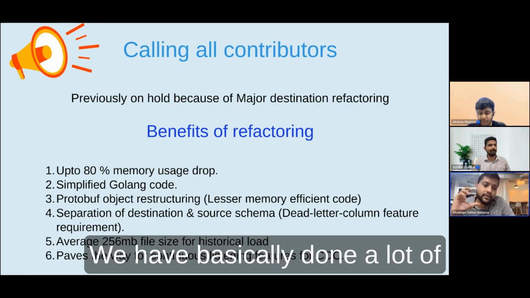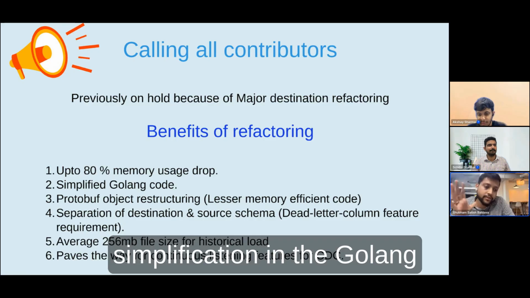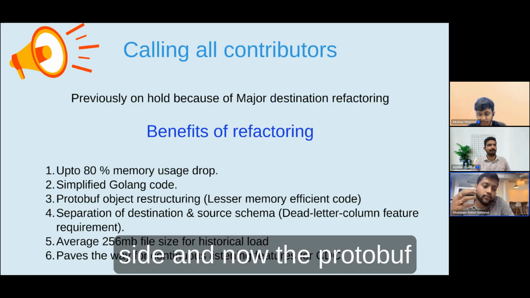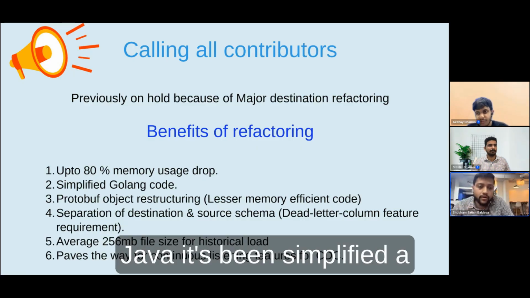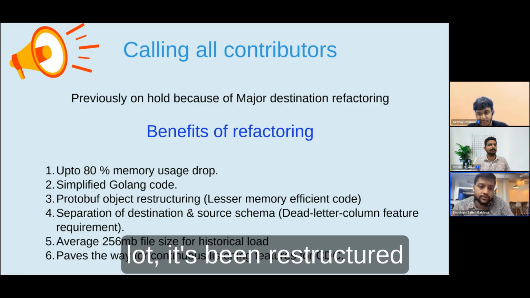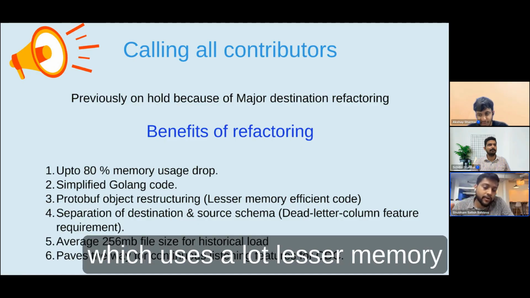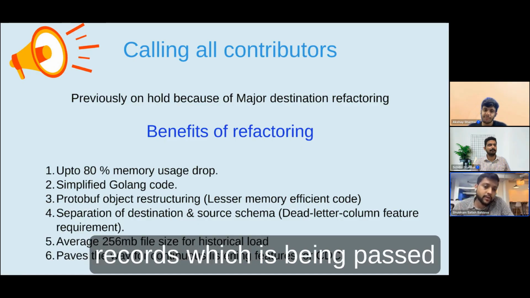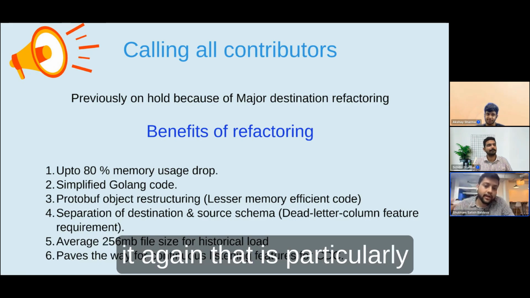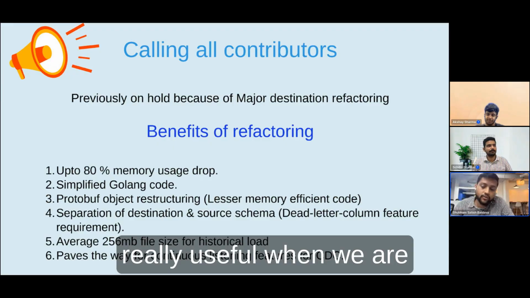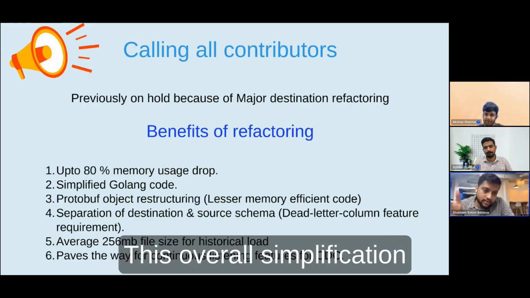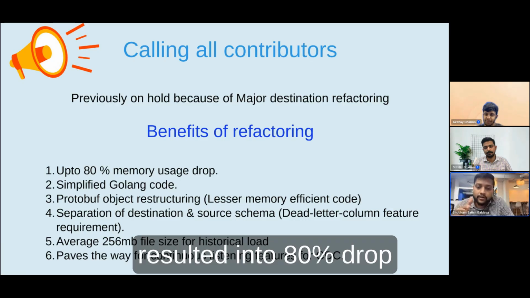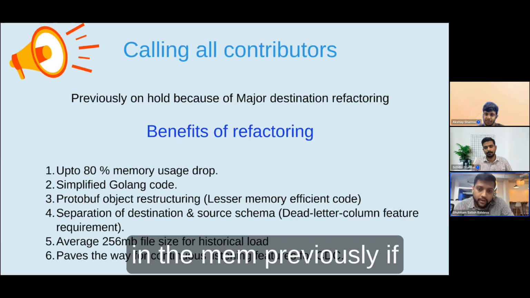We have done a lot of simplification on the Golang side, and the protobuf object that we were passing as a gRPC call from Golang to Java has been simplified and restructured. It uses a lot less memory and maintains the order of the records being passed, so that we don't have to sort them again. That is really useful when we are ingesting into partitions. Overall, the simplification and restructuring resulted in an 80% drop in memory.